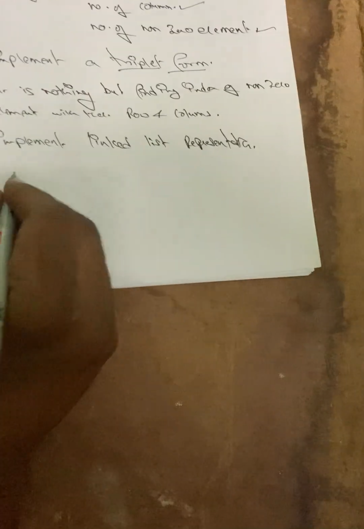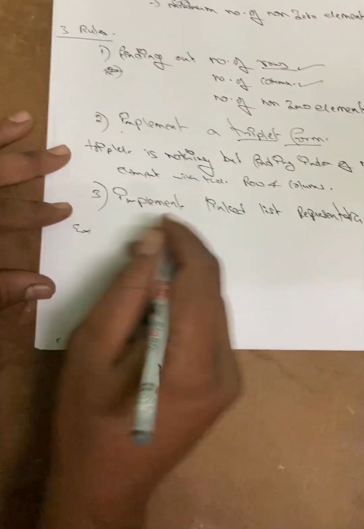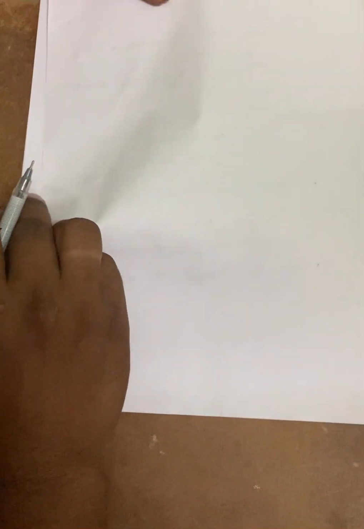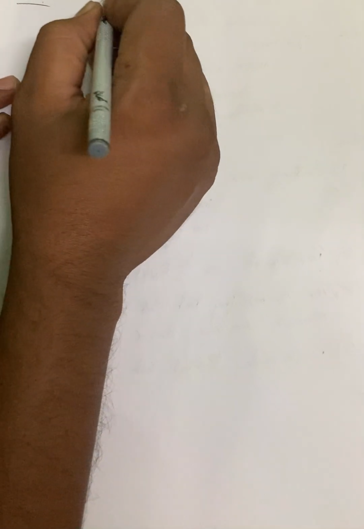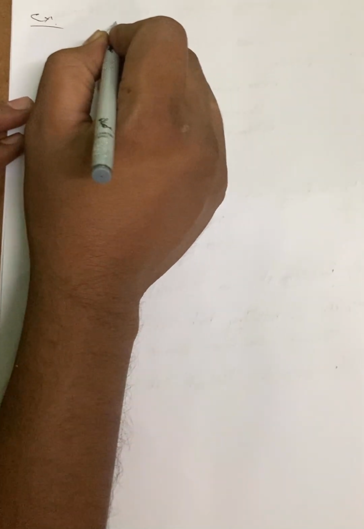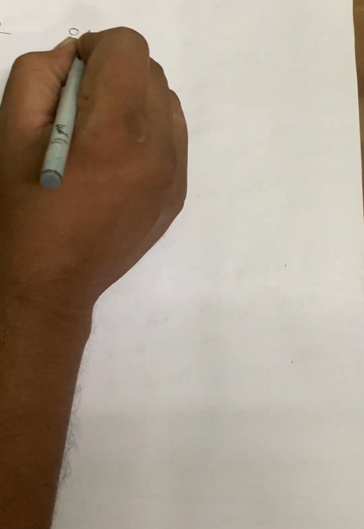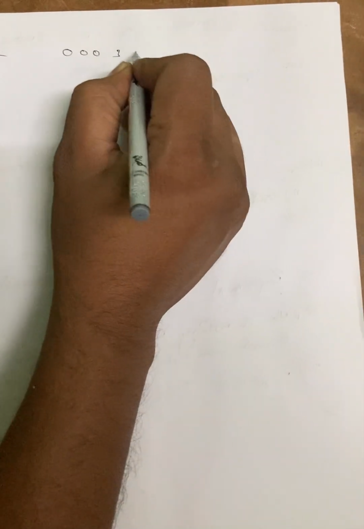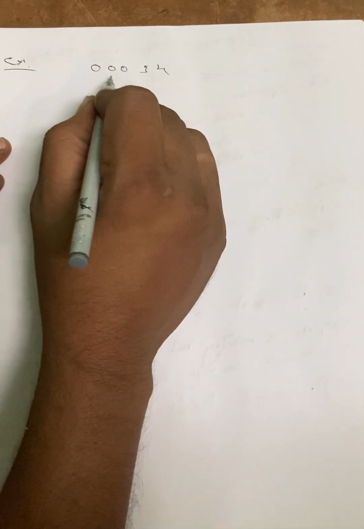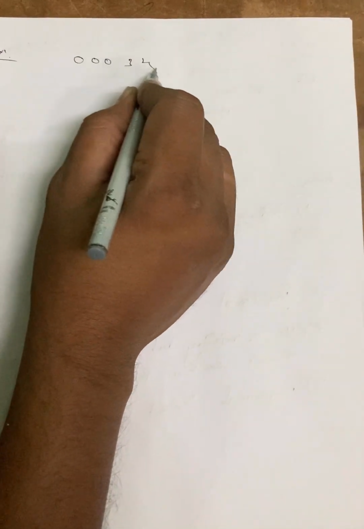Now let us see, for example, I'm just taking a matrix which is a 4 by 6 matrix.